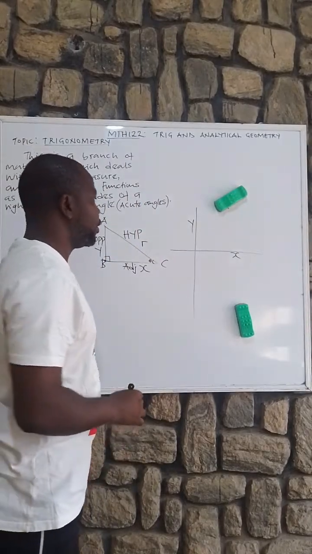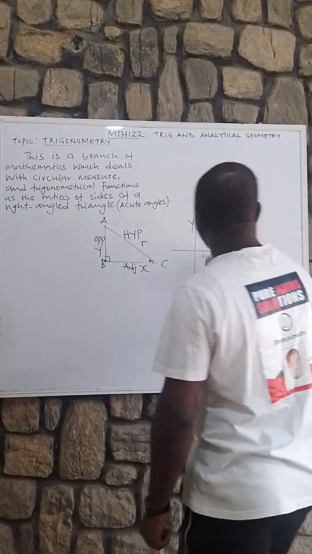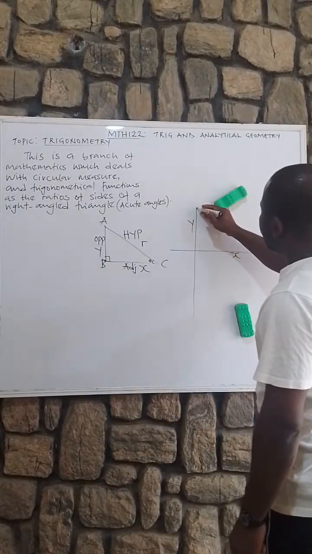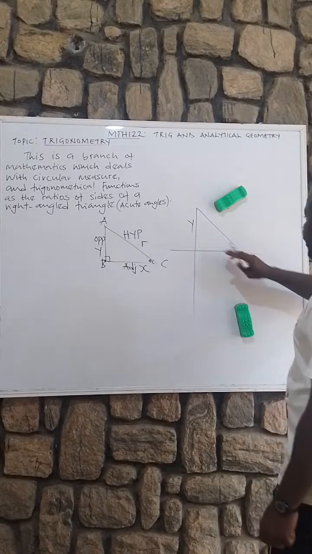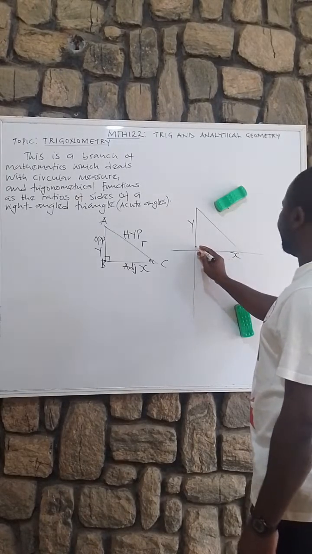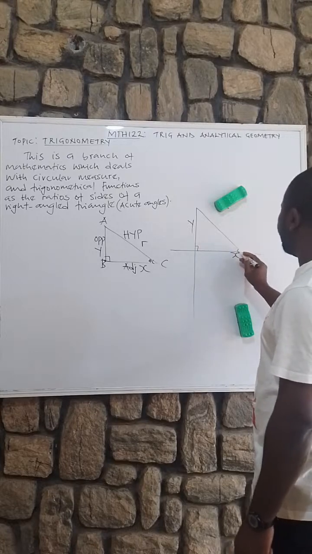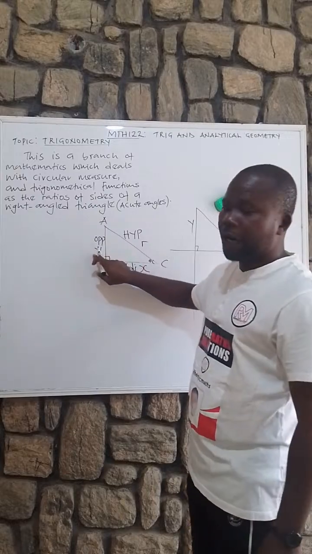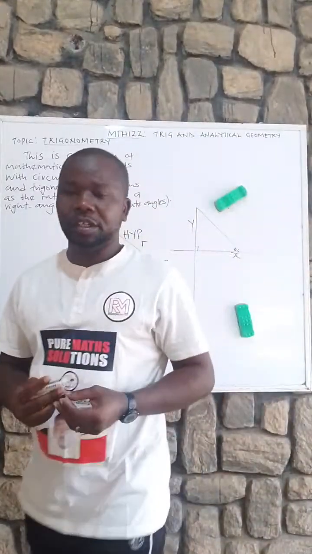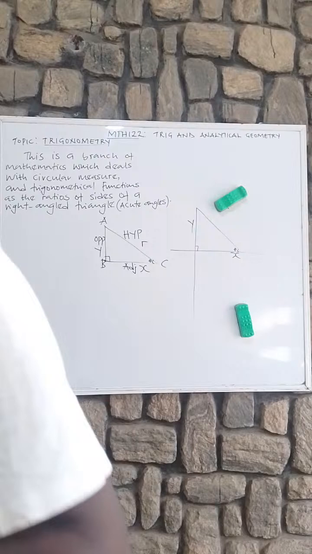Can you see now? So by the time we now have considered the distance, we can now see that we have a right angle triangle. That is why x is always fixed here and y is always fixed here. Do you understand? Are you following?